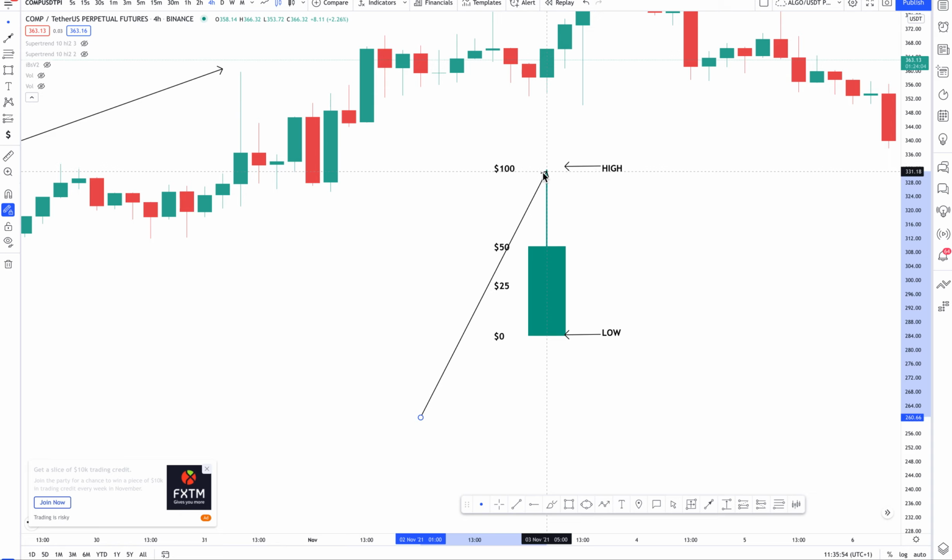The highest point it got to was here, $100. This individual candle gave us that map, a better way to know where price previously got to. So this was the high of the candle, and this is where it got to, $50.